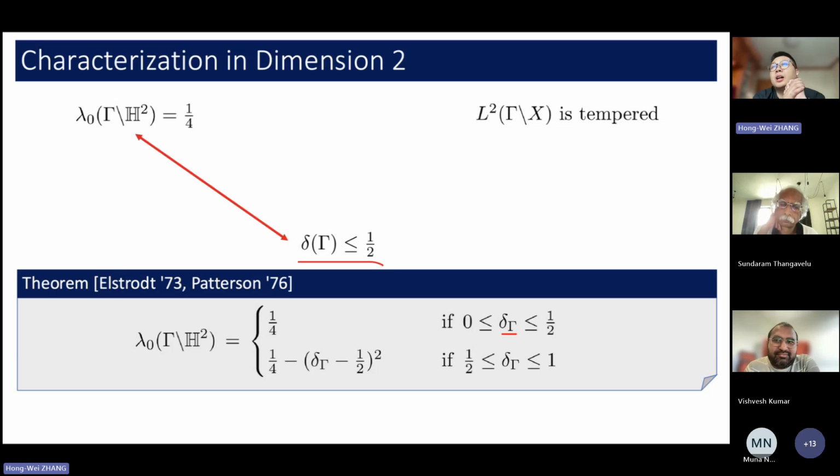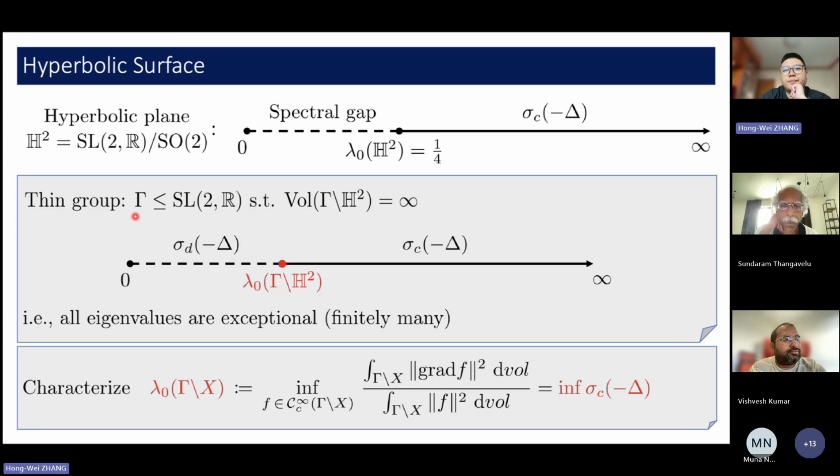This is what happens on a finite volume hyperbolic surface. So what we are considering is gamma where the space is of infinite volume. This is what we care about.